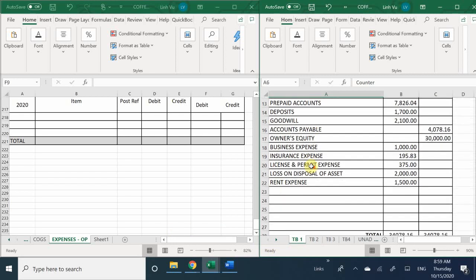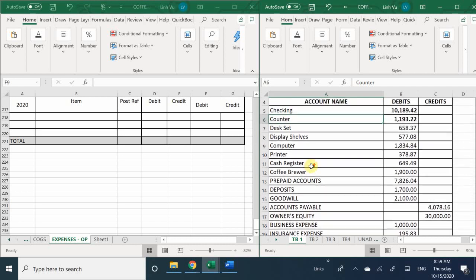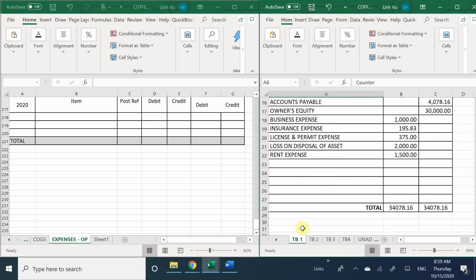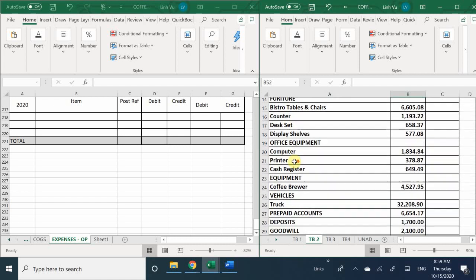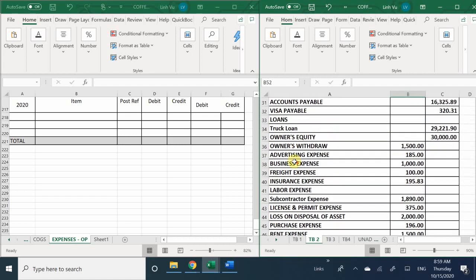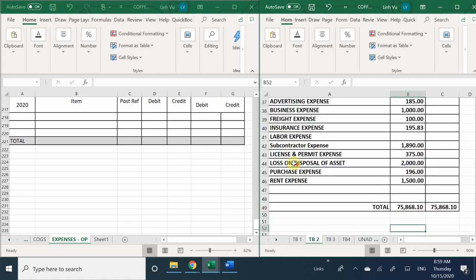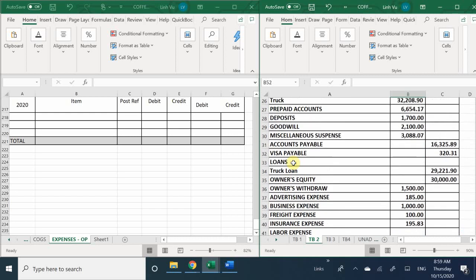We only had maybe 15 accounts or so. And then as we progress and move through our scenarios, we're going to be building and building and building upon each account. So this one is more like 25 or 30 accounts we have opened already.